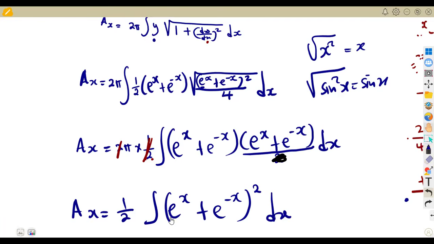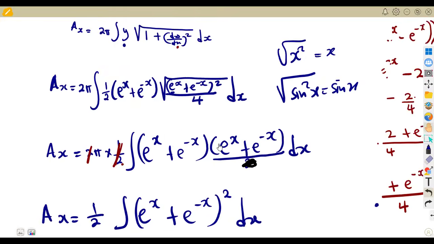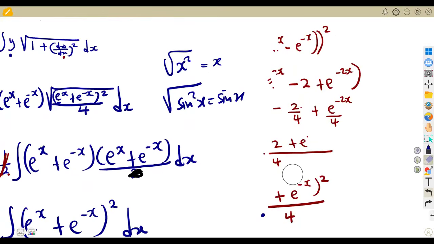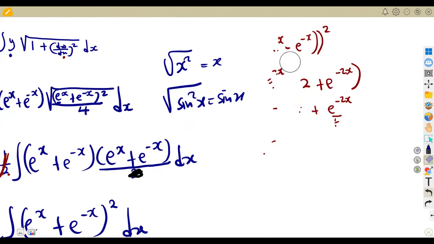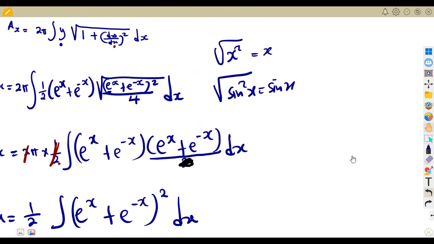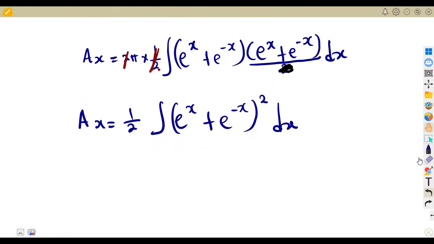And we expanded this, e to the exponent of x plus e to the exponent of minus x, squared. Isn't it that the one that we expanded before? It's only that now I erased that one. All right, no problem. We had that expansion, which ended up like: the area with respect to x is going to be a half the integral.